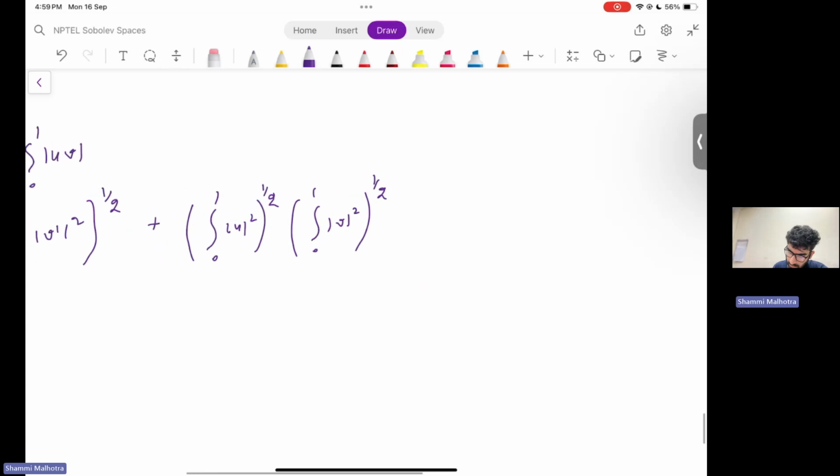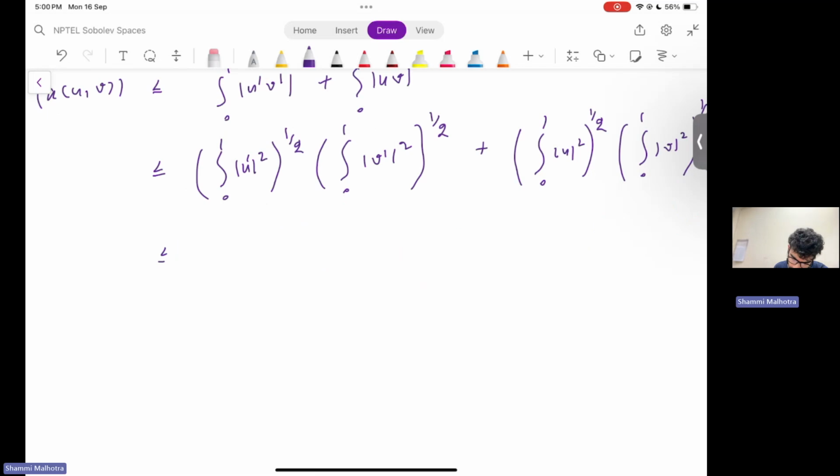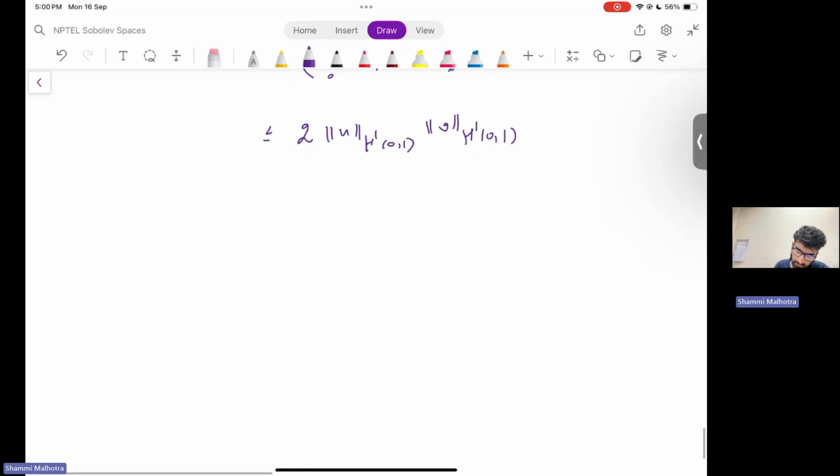This comes from the Cauchy-Schwarz. And finally, this whole thing can be written as less than or equal to the H1 norm of u times the H1 norm of v. The same thing goes for the right hand side, so I can write a 2 here. So what this gives me is that A is continuous.